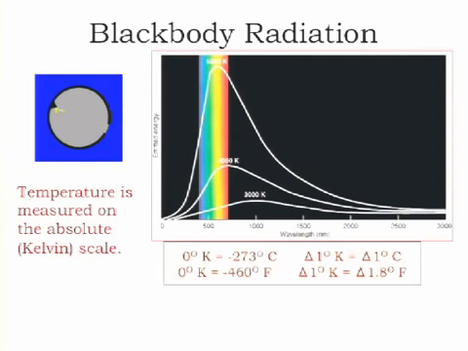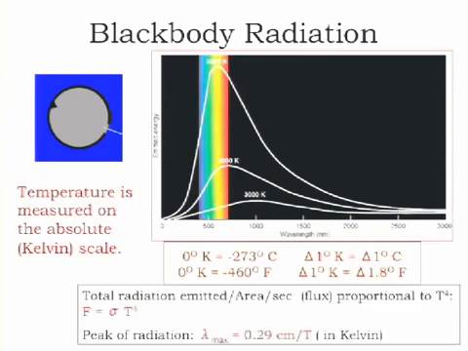If I plot those, if I take the logarithm of this axis and this axis, the radiation emitted, the total radiation emitted per unit area per second, was proportional to T to the fourth. This radiation was equal to some constant, we call it sigma, times the temperature to the fourth power. That is expressed here.